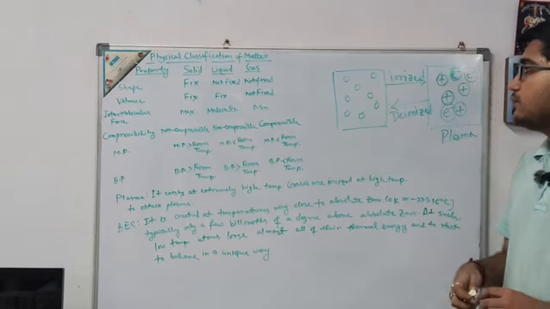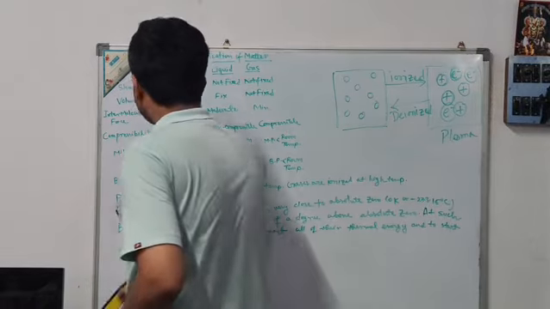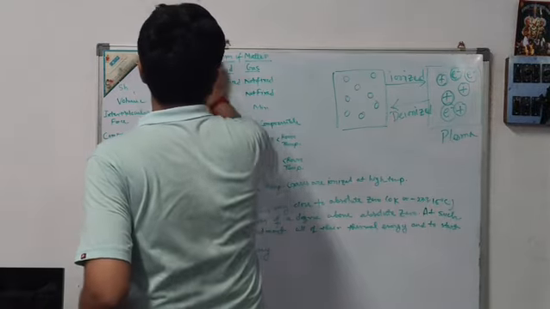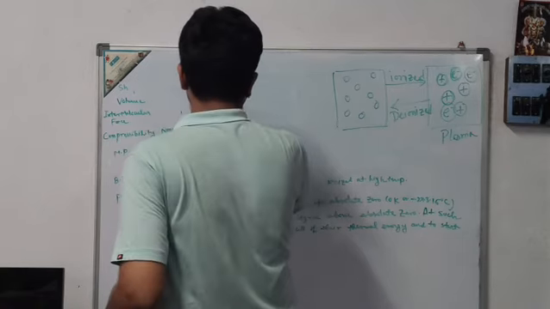Now next we are going to discuss the chemical classification of matter. In the chemical classification of matter, we have 2 categories, that is, one is the pure substance and another is a mixture.